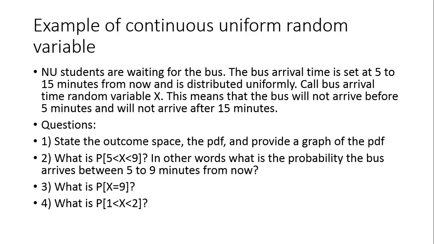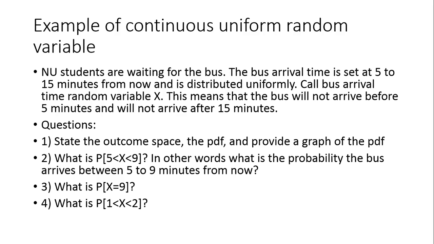Here is an example of a continuous uniform random variable. Suppose NU students are waiting for the bus. The bus arrival time is set at 5 to 15 minutes from now and is distributed uniformly.